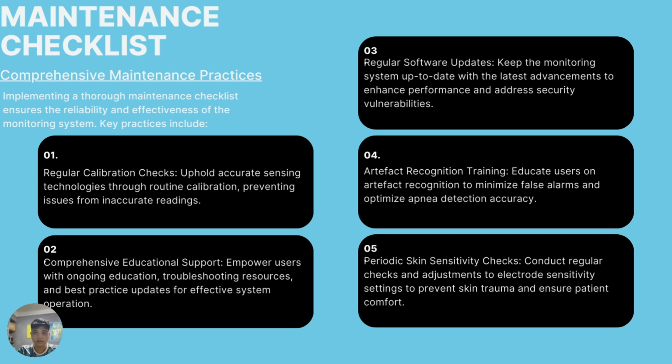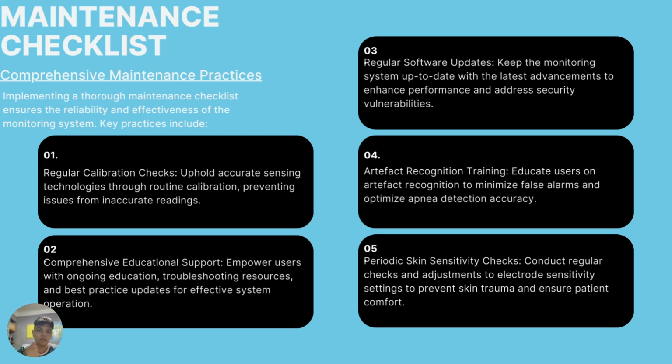The third one is regular software updates. Basically, what staff need to do is keep a routine for software updates. So every time they do their daily checkup, they can double check to see if there's a software update for the monitor.